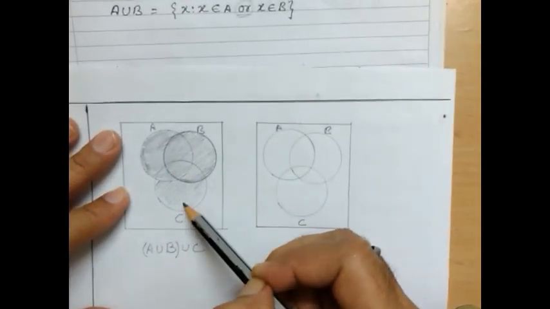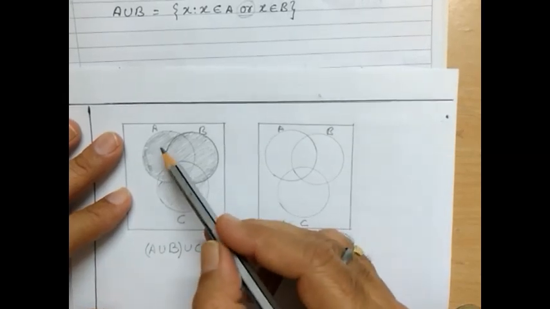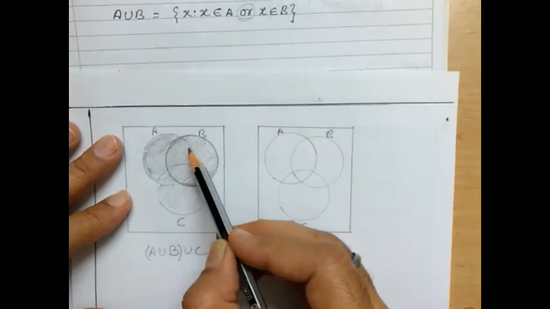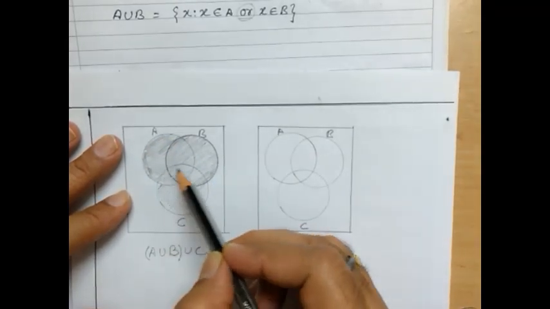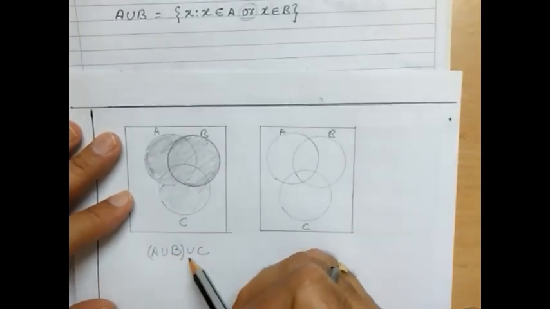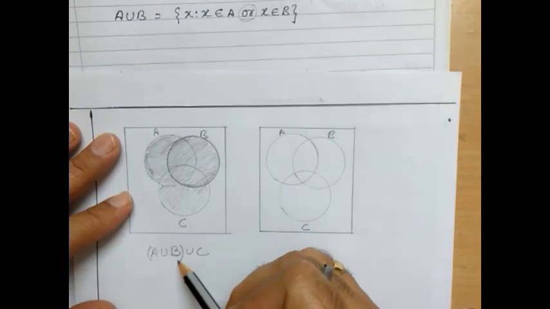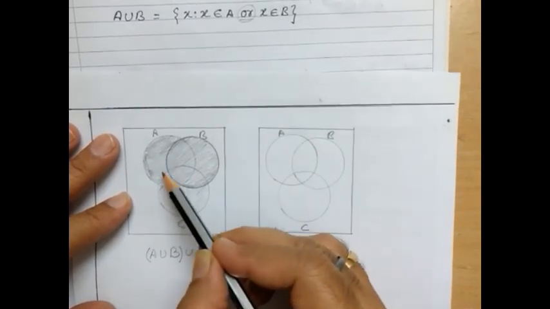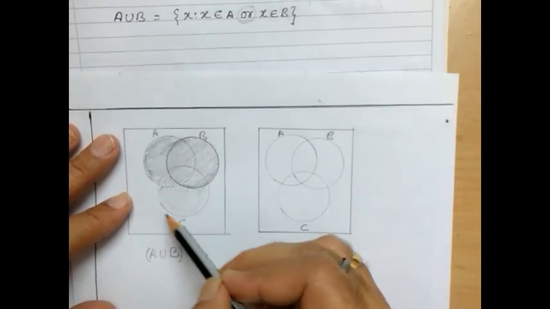It will be represented in this manner. The same will happen with the elements: all the elements of A, B and C will be written at one place in the case of A union B union C. So here all the elements will be written.